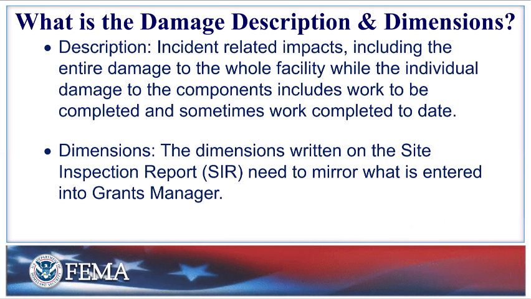And we want to ensure that our dimensions are exact and agreed upon by our site inspector and by our applicant. Because again, the site inspector is gathering this information during that site inspection, and they will have to enter this information into Grants Manager. So once the site inspector enters their information, the DDD is automatically generated. And that DDD should mirror exactly what has been recorded on that site inspection report.